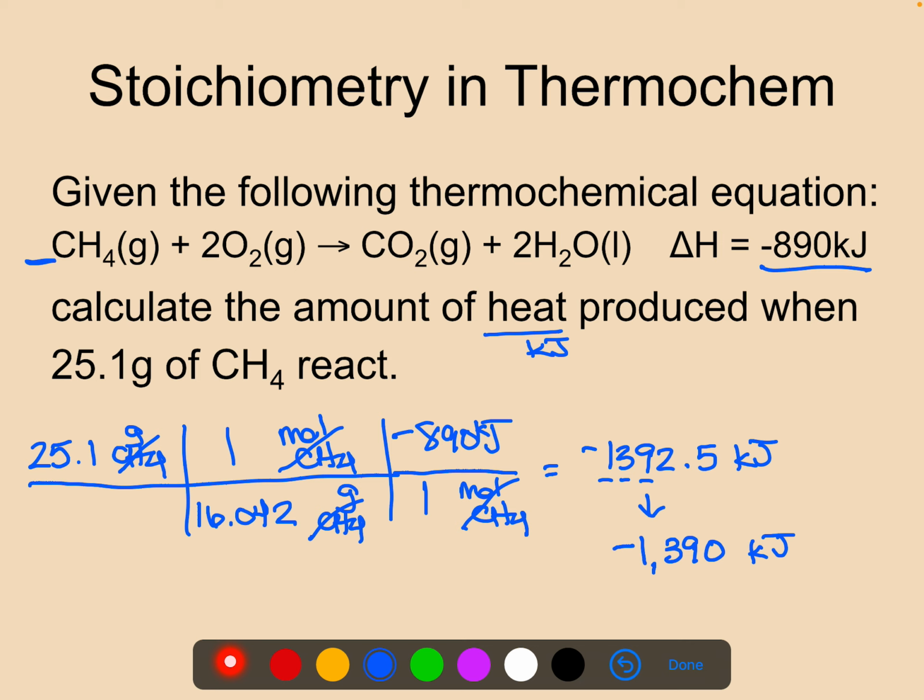Another way that you could say this, since the question asked for heat produced, is to write this as 1,390 kilojoules of heat released. Either way you see it, these are equivalent to one another, so either answer would be accepted.